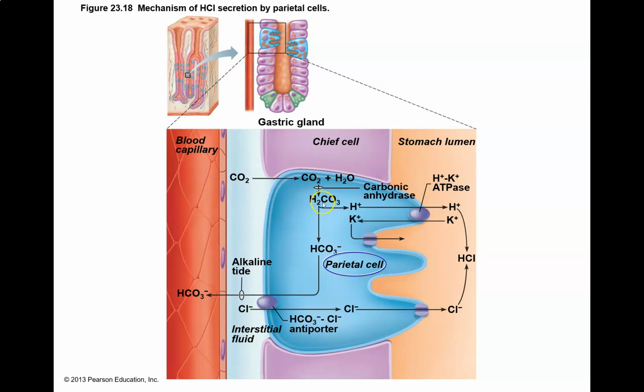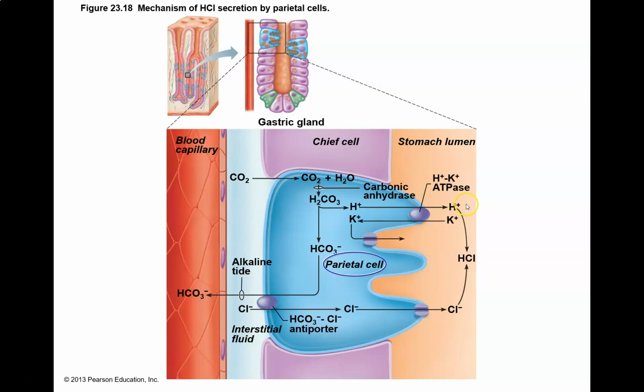CO2 plus water is converted to carbonic acid by the enzyme carbonic anhydrase, just like we saw in the red blood cells, and also in the brain stem, where we sense the CO2 content of blood through the central chemoreceptors. Anyway, the carbonic acid can dissociate into hydrogen ions and bicarbonate ions, as you know.